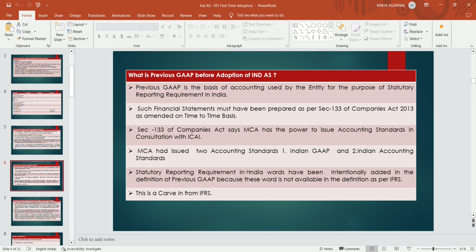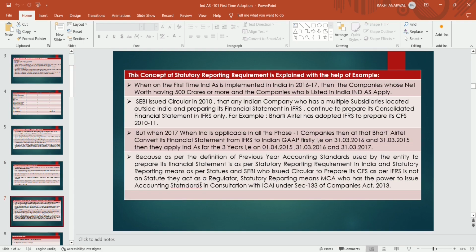This is a carve-out from IFRS, because in the IFRS previous GAAP definition, statutory reporting requirement in India is not mentioned. Now this concept of statutory reporting requirement is explained with the help of an example.